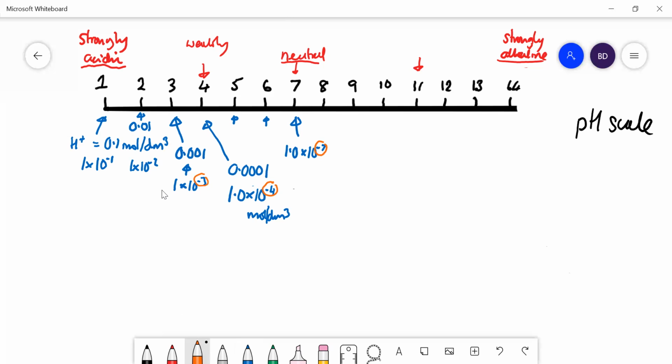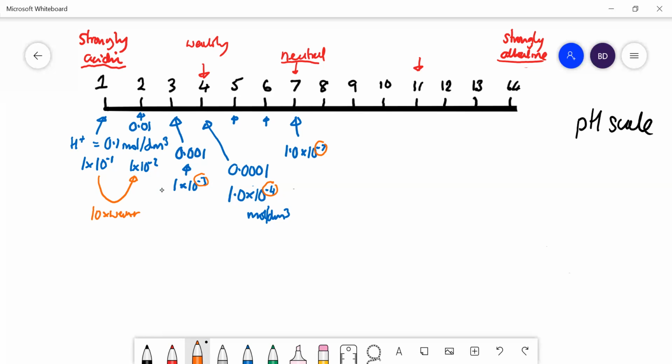Right? It's worthwhile remembering that, but you will never be asked that probably at GCSE. I've told you a little bit more than you need to. What you do need to know at GCSE though, is that when you go up 1 pH unit there, the hydrogen ion becomes 10 times weaker.